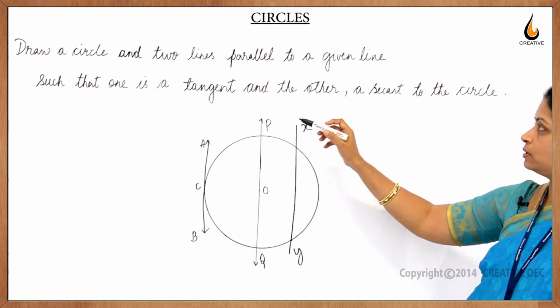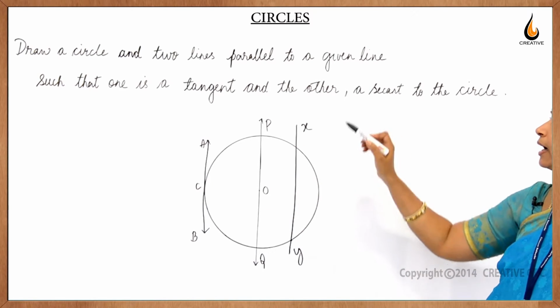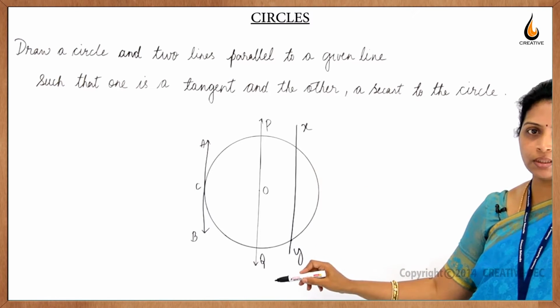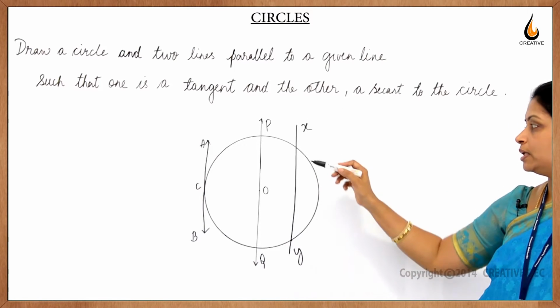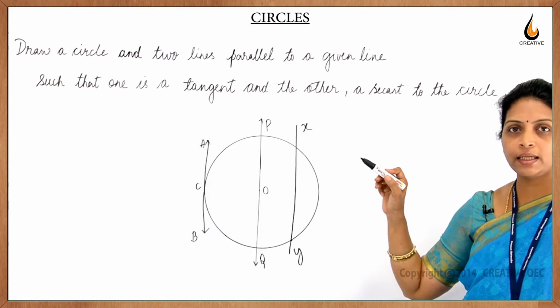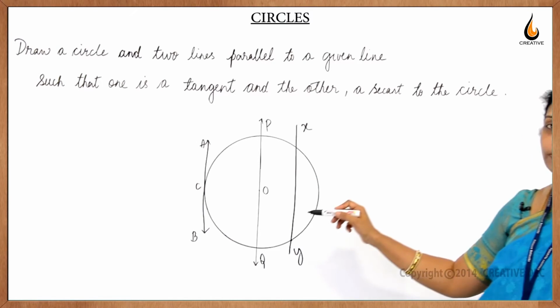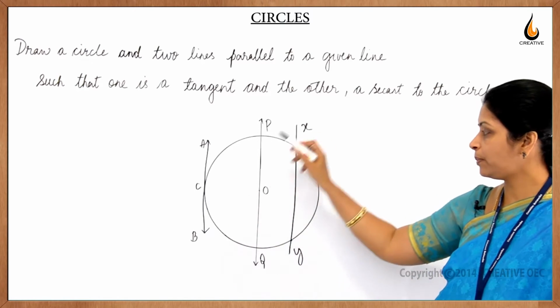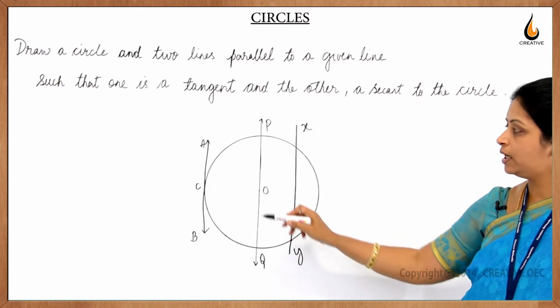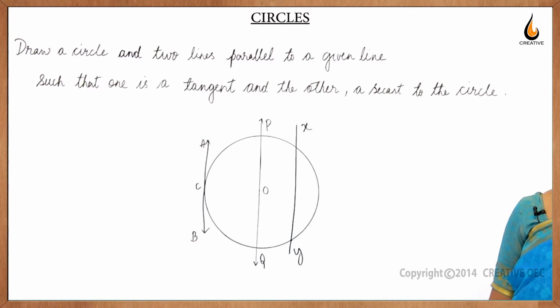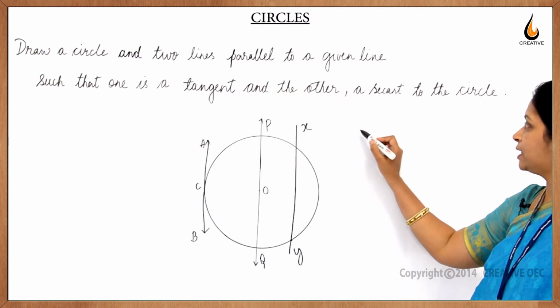Therefore, we have drawn a circle and there is a given line PQ. To this line, we have to draw one line parallel and it should be a tangent. So, AB is the line parallel to the given line PQ and it touches the circle at one point C. Therefore, AB is the tangent.